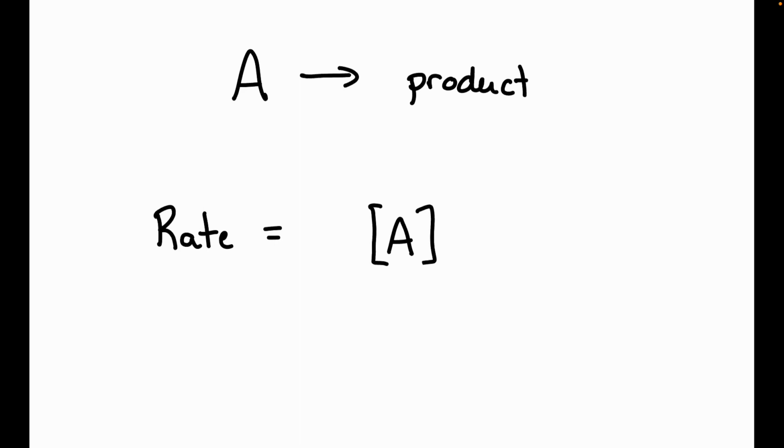So why do reactions slow down over time? Because reactants get consumed. So over time, this concentration is decreasing, so the rate of my reaction will decrease as time progresses.